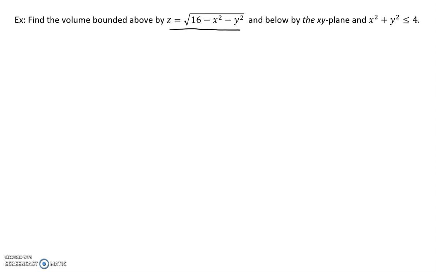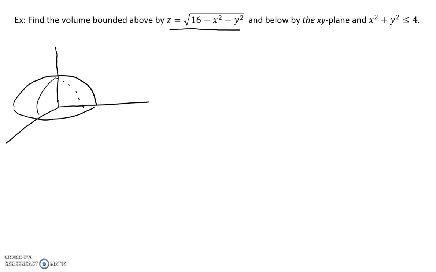So if we picture it, we've really got this upper half sphere where the radius of it is the square root of 16, so 4. So it's a sphere of radius 4, and it's just the positive square root, so we only have the upper half.